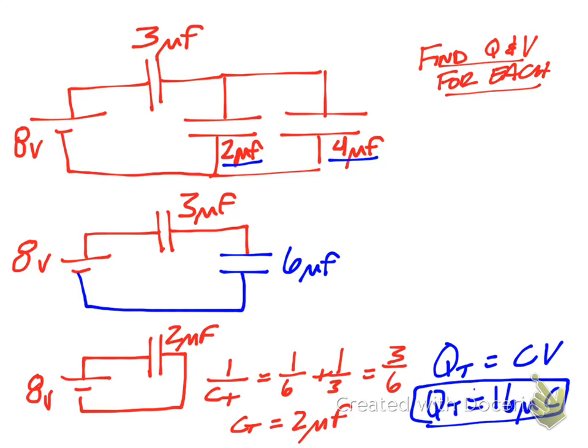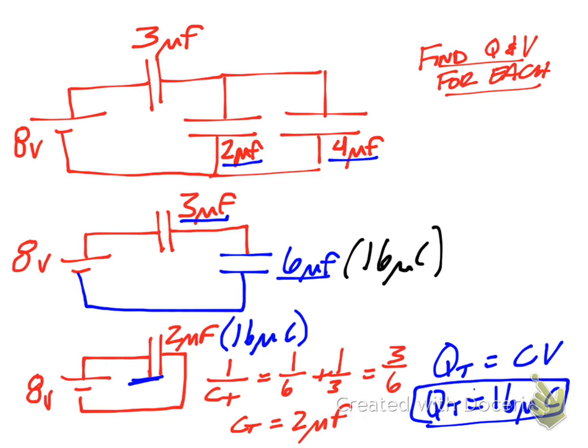So 16 microcoulombs goes there. Now, since this is just a combination of two things that are in series, we can say that they share the same charge, 16 microcoulombs, and up here 16 microcoulombs.